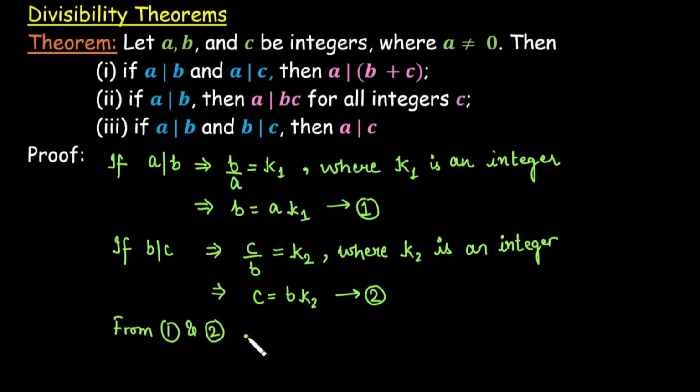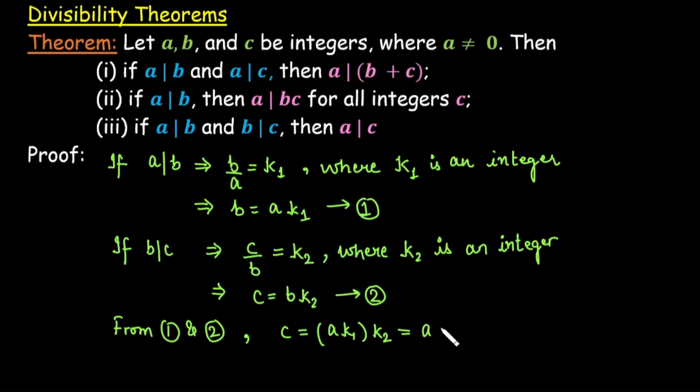From 1 and 2, we can plug the value of B here. So this gives C equal to A times K1 into K2, where K1 and K2 are integers. The product of two integers is again an integer.